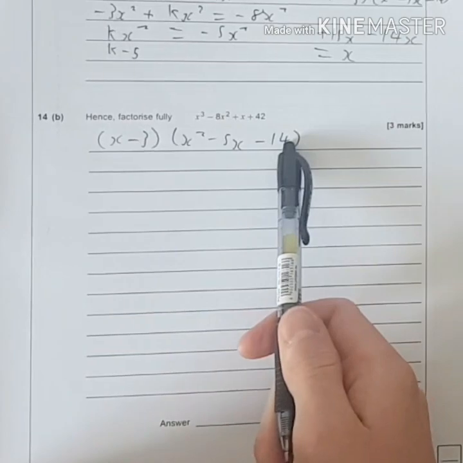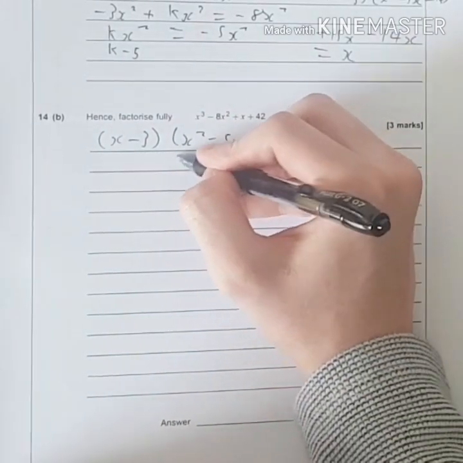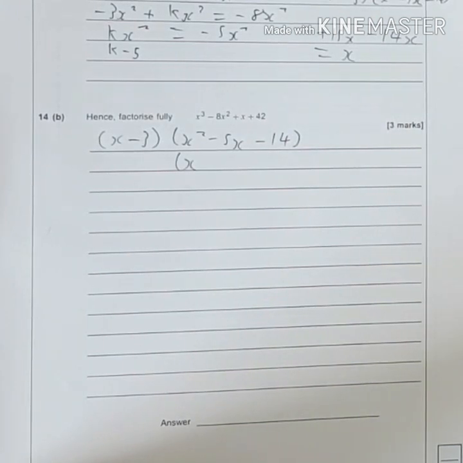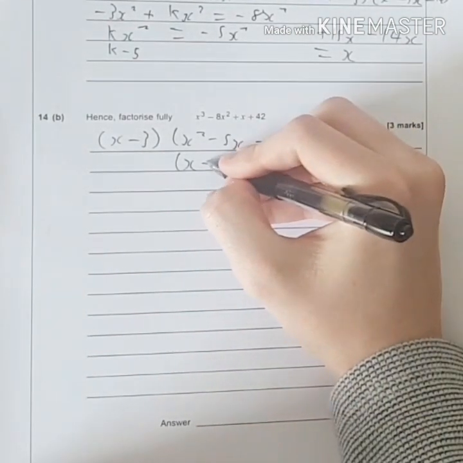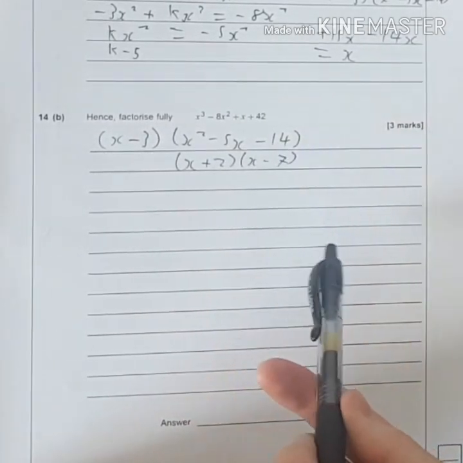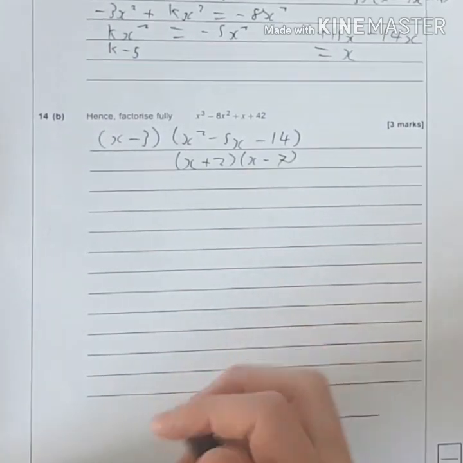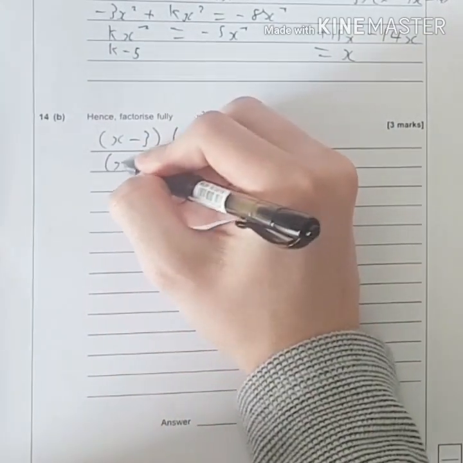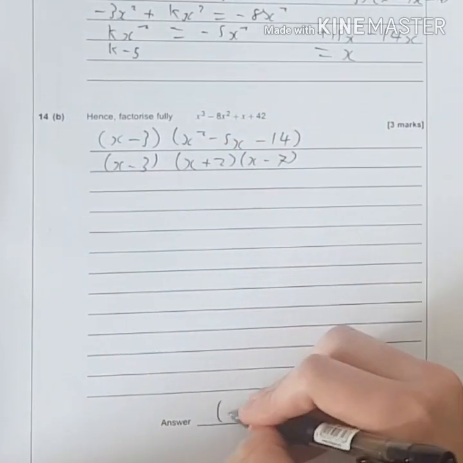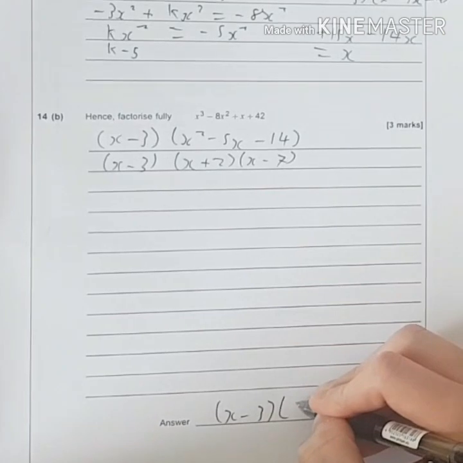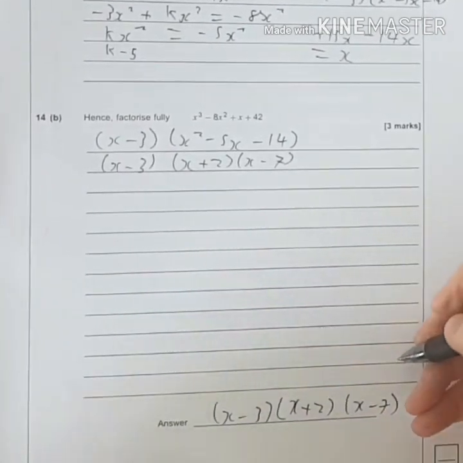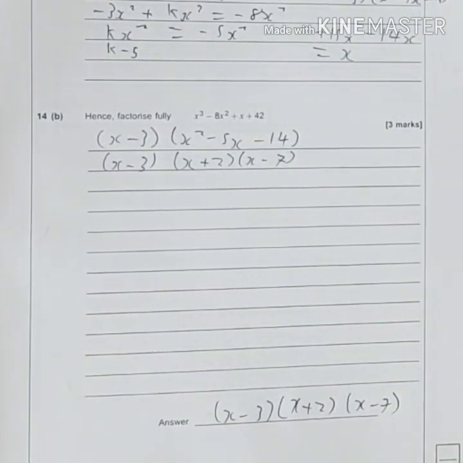And then we can just factorize this quadratic equation, giving us x plus 2 and x minus 7. You could write the factors of minus 14 if you want. I can't be asked. So therefore, yeah, the fully factorized equation is x minus 3, x plus 2, x minus 7, which is pretty peng. There we go.